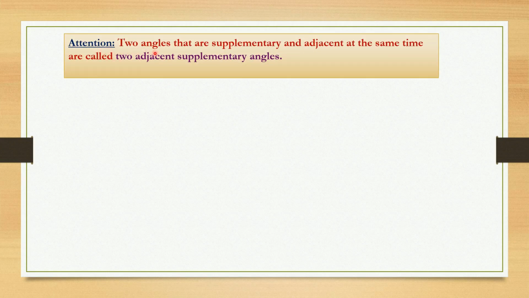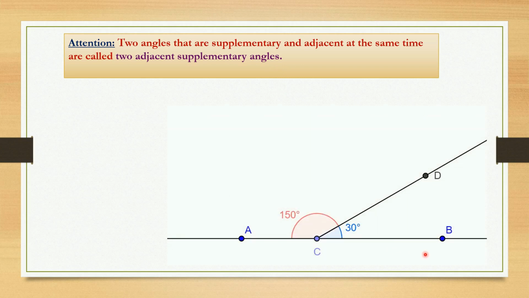Attention! Two angles that are supplementary and adjacent at the same time are called two adjacent supplementary angles. In this figure, angle BCD and angle BCA, if we add their measures, we obtain 30 degrees plus 150 degrees equals 180 degrees, so they are supplementary.